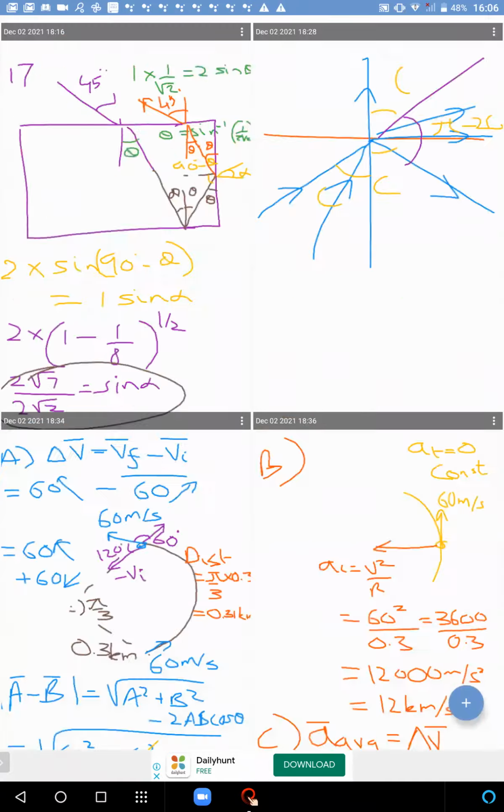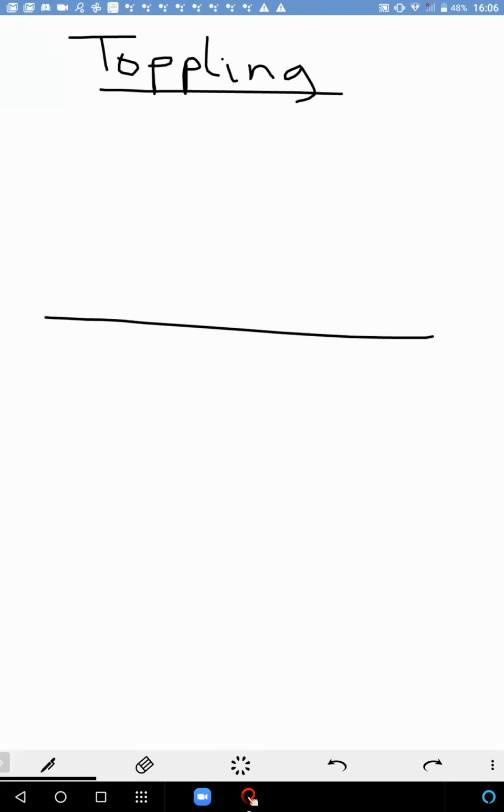So in toppling, normally the kind of questions that are asked is, imagine there's a block and there may or may not be friction at the bottom.